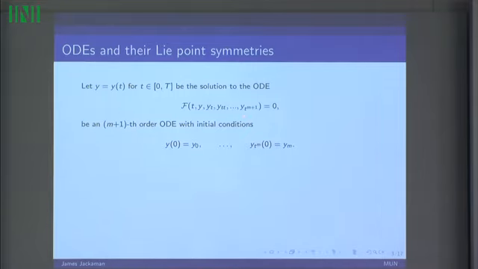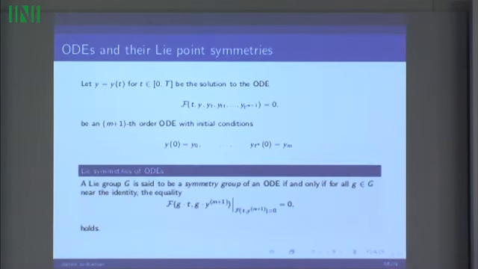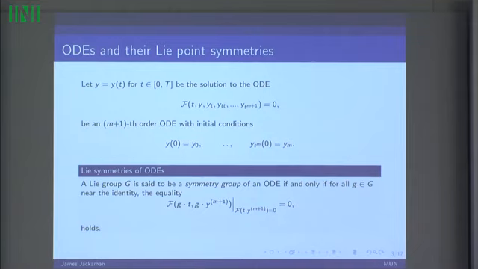We're also going to restrict ourselves to initial value problems. So we're always going to assume that our ODE is initialized by some values on its solution and the solution's derivatives.